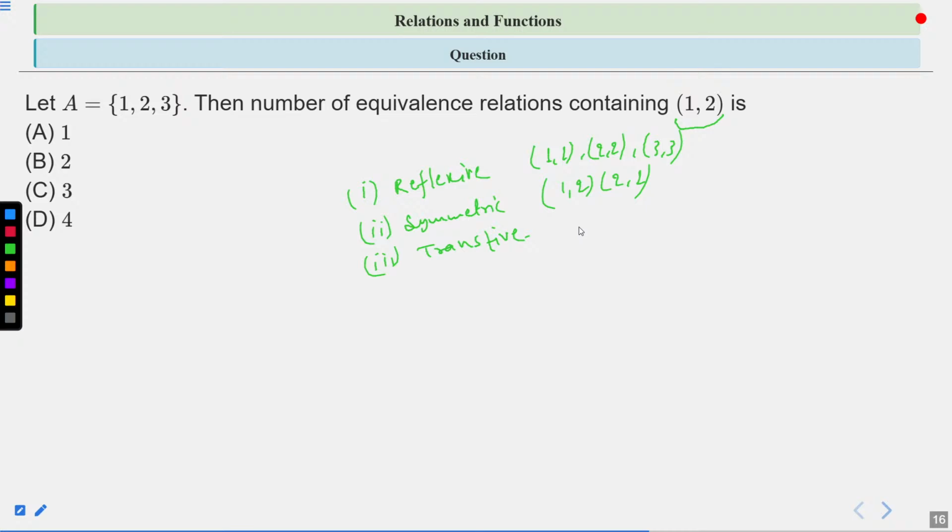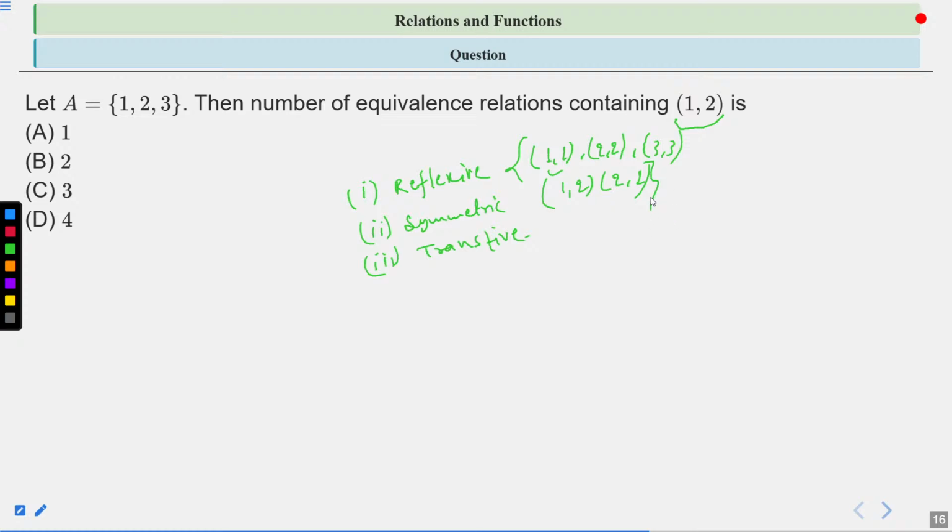If we take only this relation, then it will be an equivalence relation, because it is also transitive: if (1,2) and (2,1) are present, (1,1) must be present, and it is already present. So one relation is this one.